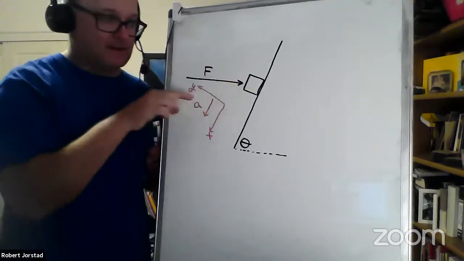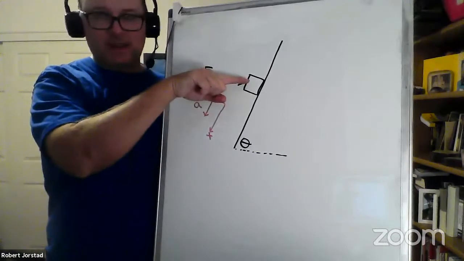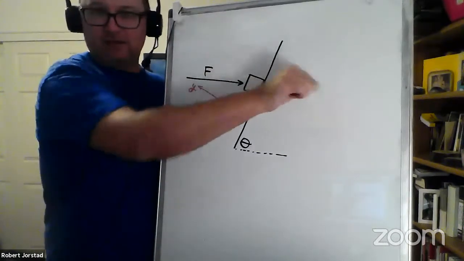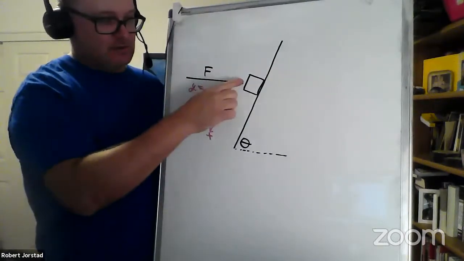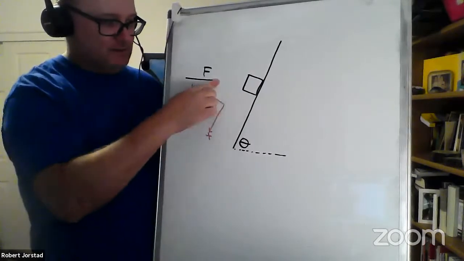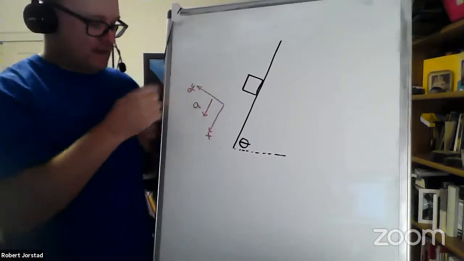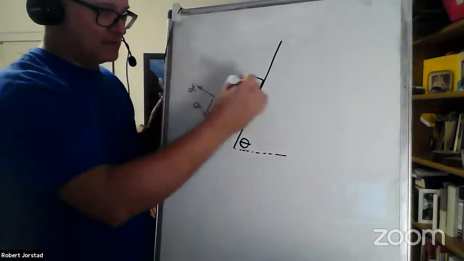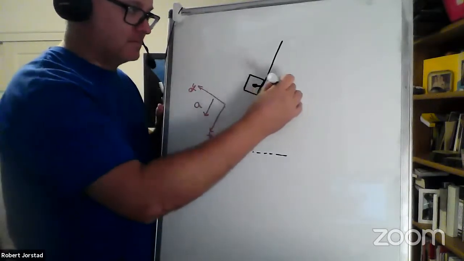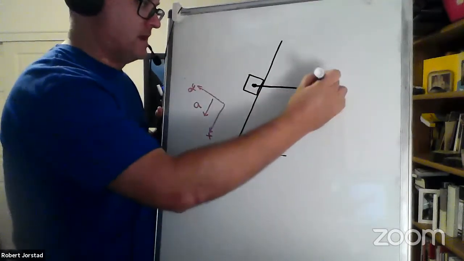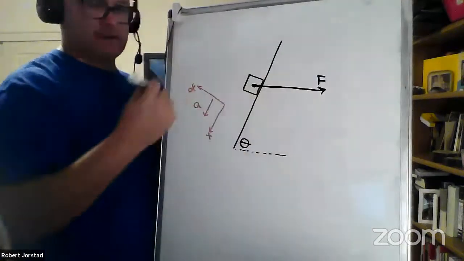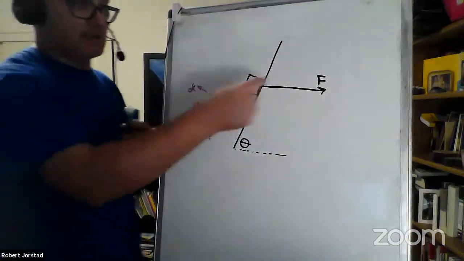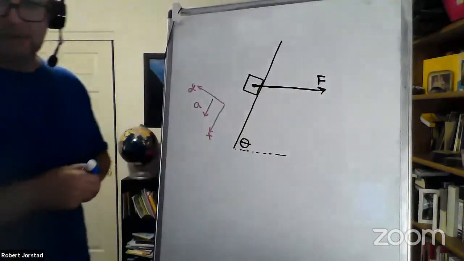You can move it around. Pushing on the block from this way is equivalent to pulling it that way, right? So you can grab this force and move it so that its tail is over here. The magnitude is F, the vector is F vector.